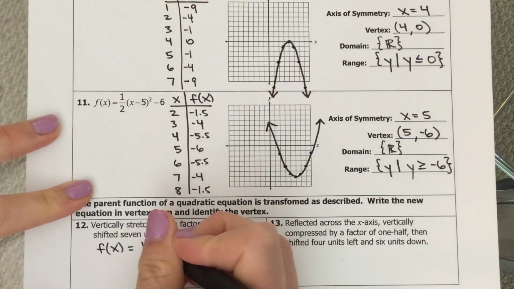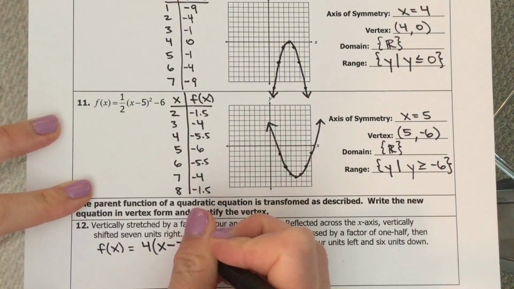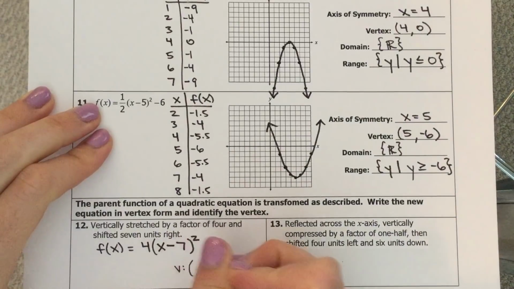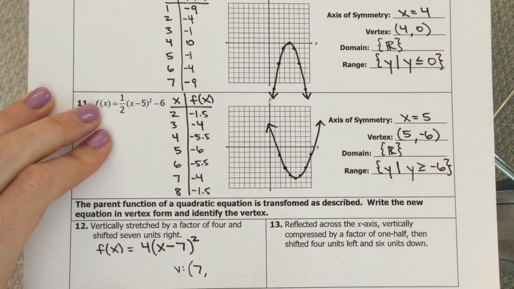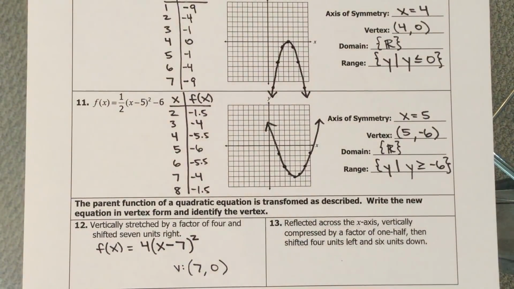So a right shift would be on the inside with the x, and it would be subtraction, and that's where the 7 goes, and then we finish off the parent function. It doesn't say anything about up and downs, so there wouldn't be an extra value there. Writing down the vertex, the x-coordinate is the opposite of the number right here, and then the exact number right here.